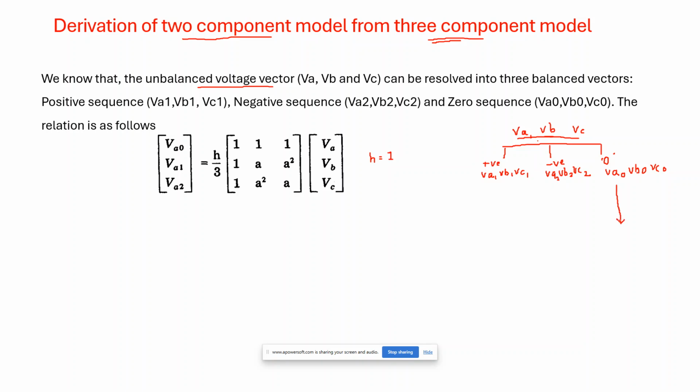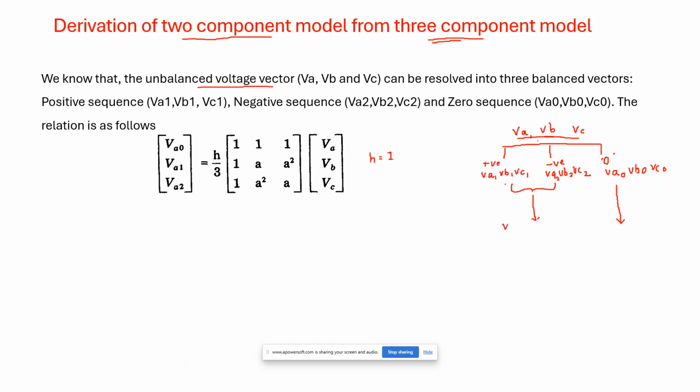Now the concept of the two component method is that the zero sequence component is kept as it is, and the positive and negative sequence components are combined to get other components. So two sets are obtained.